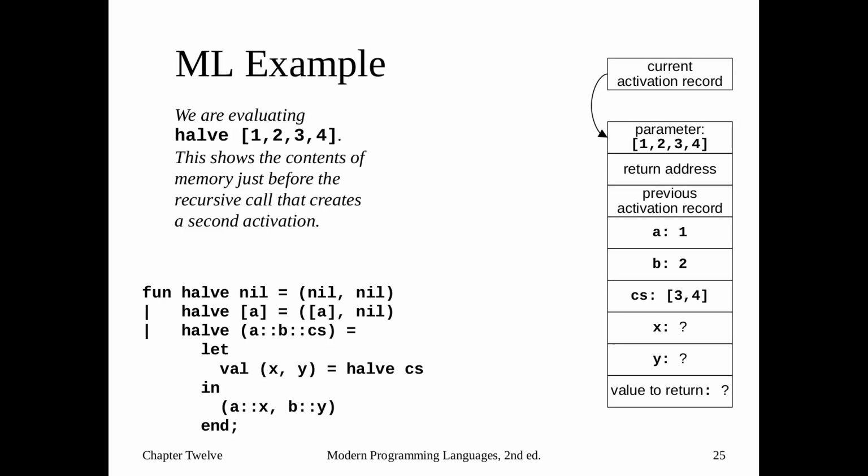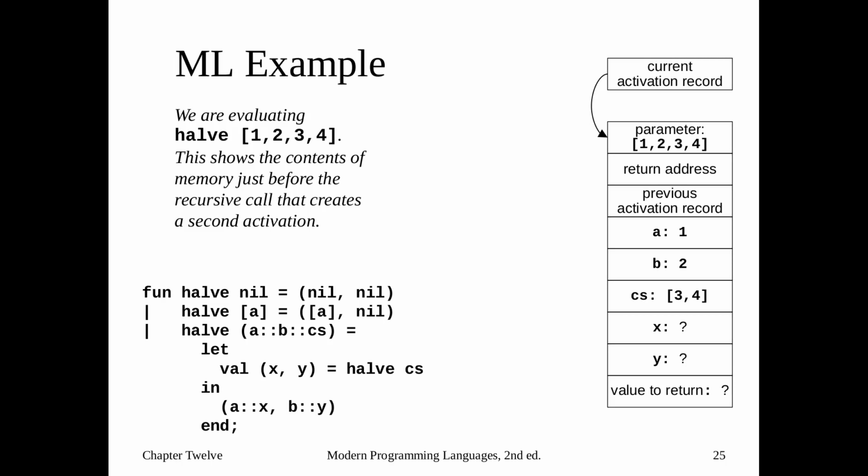We can have a list with a single item that just returns that same list with a single item and an empty list. Otherwise, we have a list with at least 2 items in it, and the left side gets the first item, and the right side gets the second item, and then we recursively call on the rest of the list inside of a let block. So this is pretty simple.